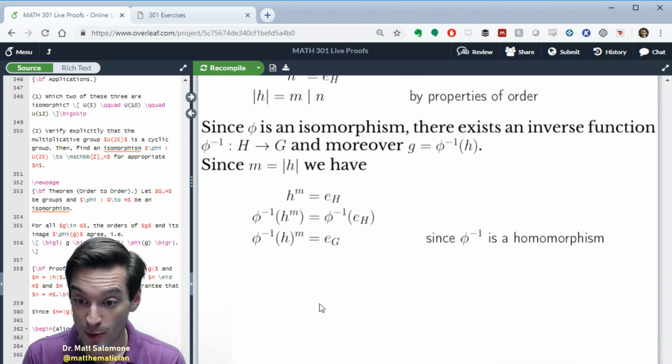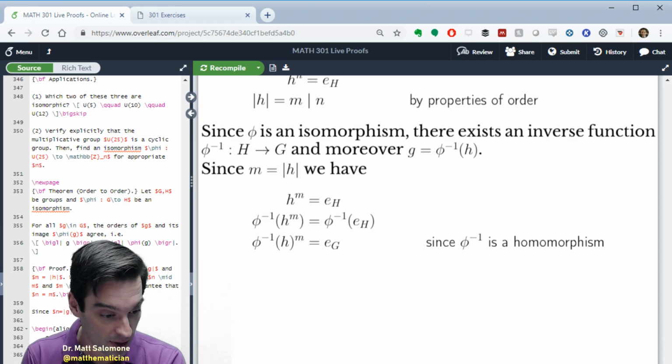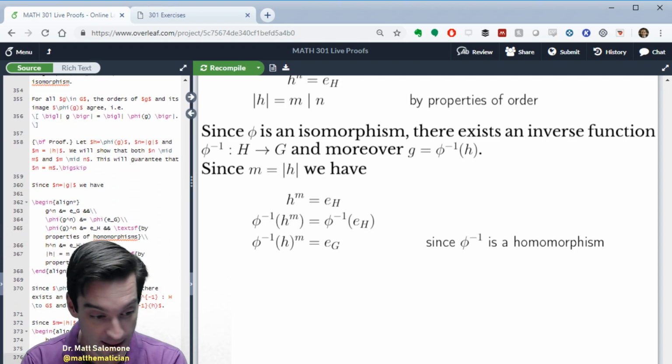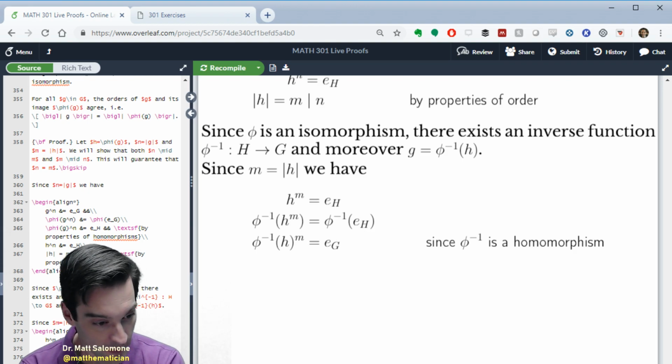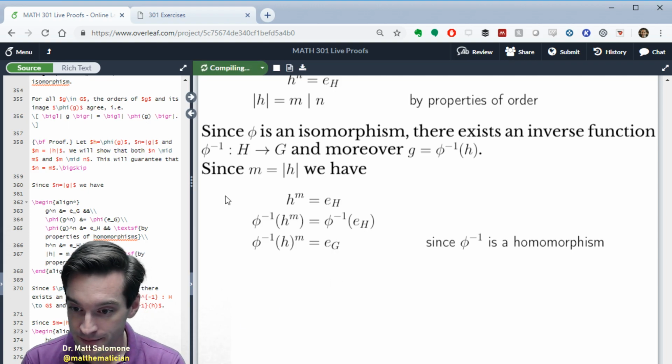Since phi inverse is a homomorphism, we can apply the product rule and we can send identity to identity. And then phi inverse of h is exactly g. G to the mth power is equal to the identity element of G. And therefore, the order of G, which is n, divides m. And that's, again, by properties of order.